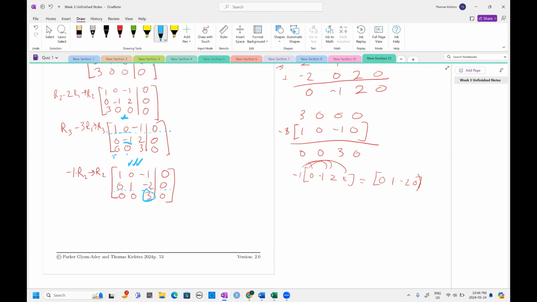So our steps are first we make it 1. So what we're going to do is we're going to take this and make it 1 by taking R3 and multiplying it by 1/3, replacing R3.